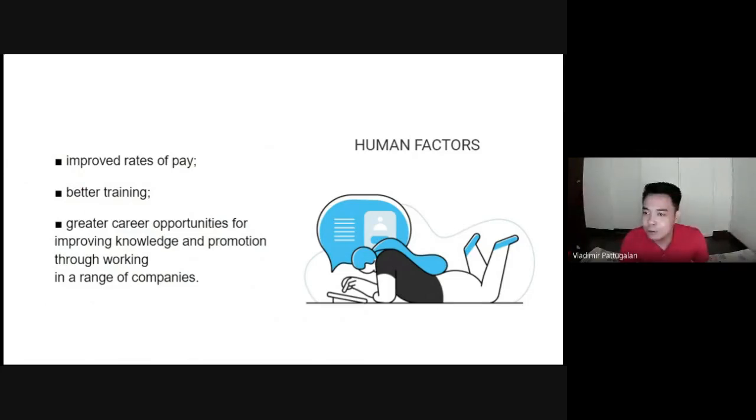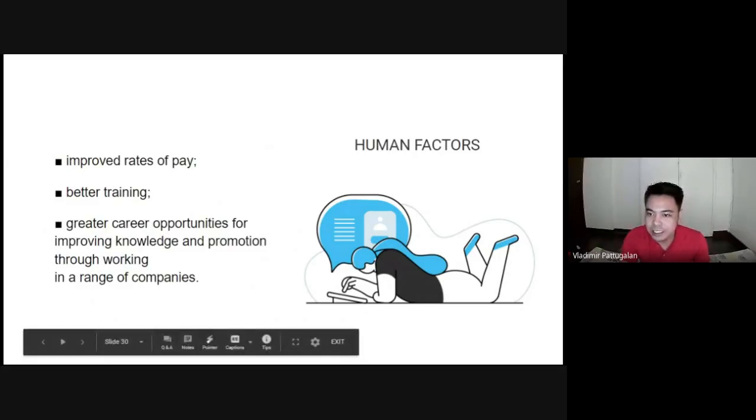So these human factors in itself aren't really arguments for or against outsourcing, but it depends on how the firm will manage these factors.